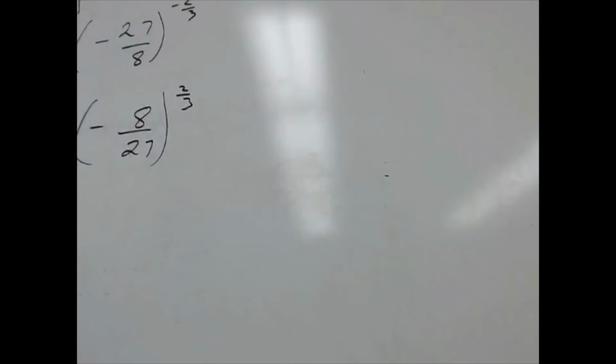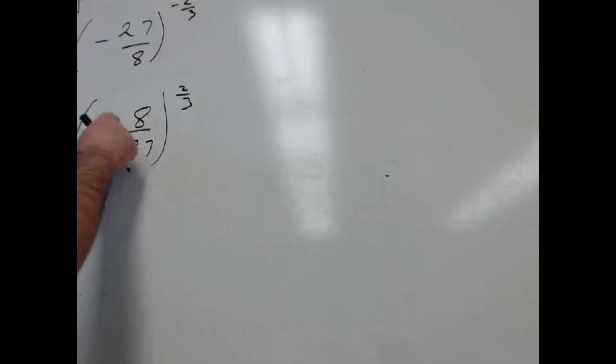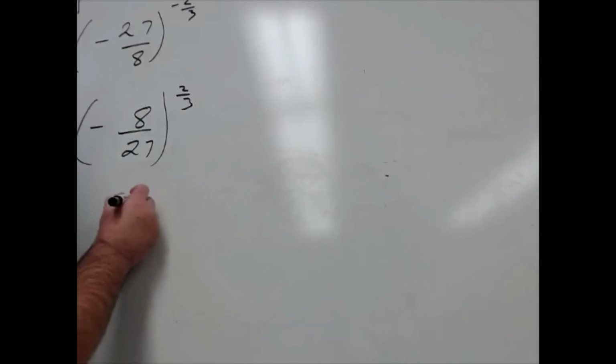So now you might ask me how to deal with this negative value. Well, you could just leave it there and deal with it. Or what I usually do is take the negative and put it with either one of these numbers. So what I'll do, just for simplicity, is I'll take that negative number and I'll stick it with the 8. So then I'll have negative 8 over a positive 27.